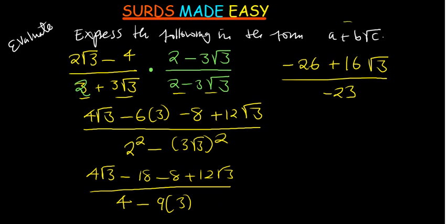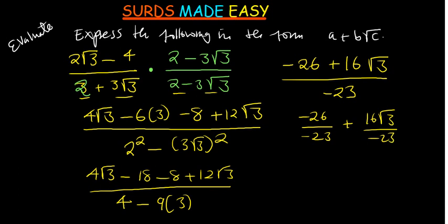Remember, we want to leave the answer in this form. Now, this negative 23 in the denominator applies to both this and this. So I'm going to write this as negative 26 over negative 23 plus 16 root 3 over negative 23.